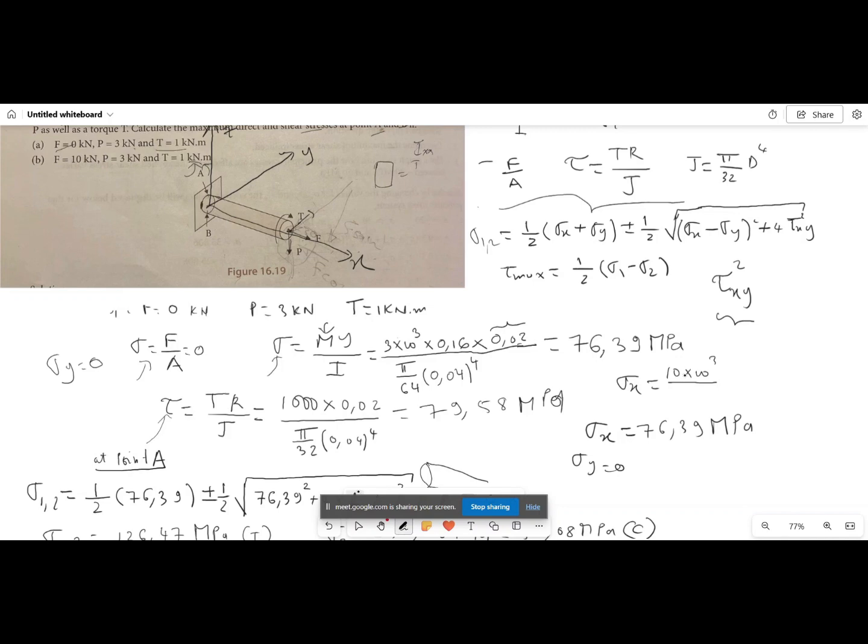It is the same thing. So you'll have pi over 4. What is the diameter? Diameter is 0,04, squared, plus this 76,39. This is what makes our new rho x.